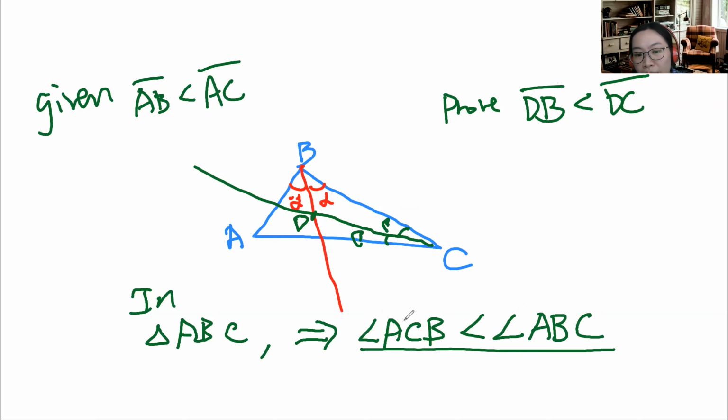And ACB is 2 beta, and this is 2 alpha, right? So now you know angle 2 beta is less than 2 alpha. Then you can start from here, getting the relationship between beta and alpha, and then do the other way around to conclude the side you want. So it should be straightforward once you have the correct picture.